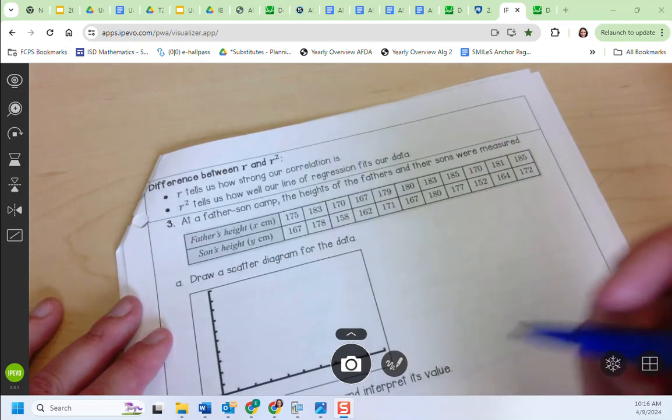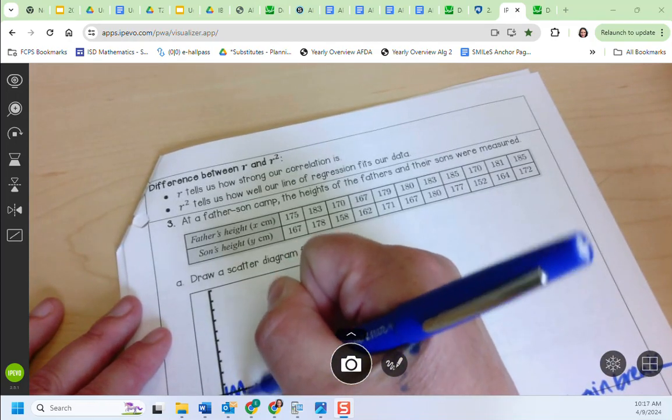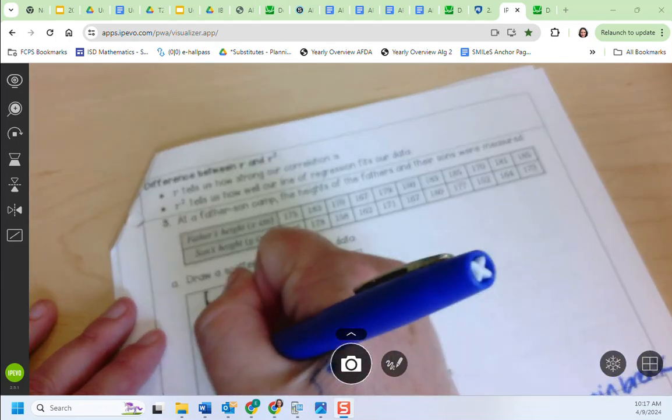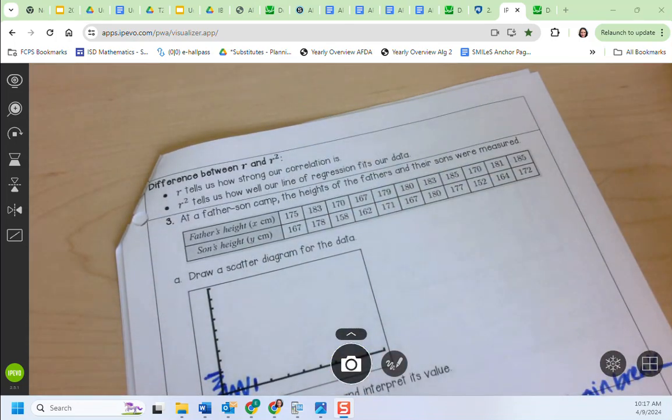There really wasn't a good way to fit all these numbers in. One thing you want to do is show a break. So I'm going to start right here. I'm going to show a break here. And the x-axis is father's height.